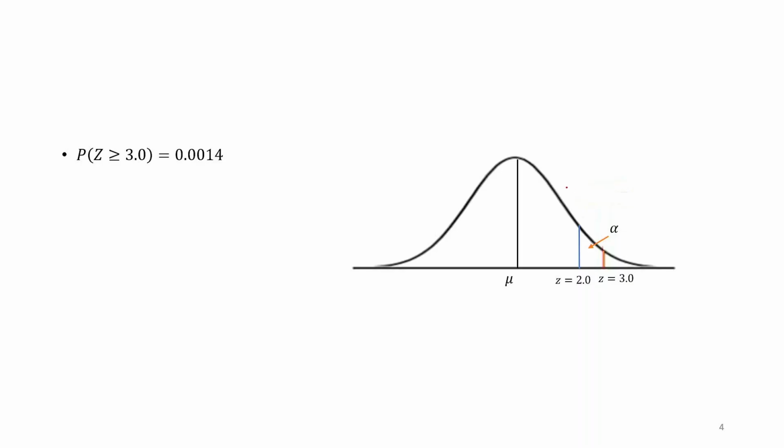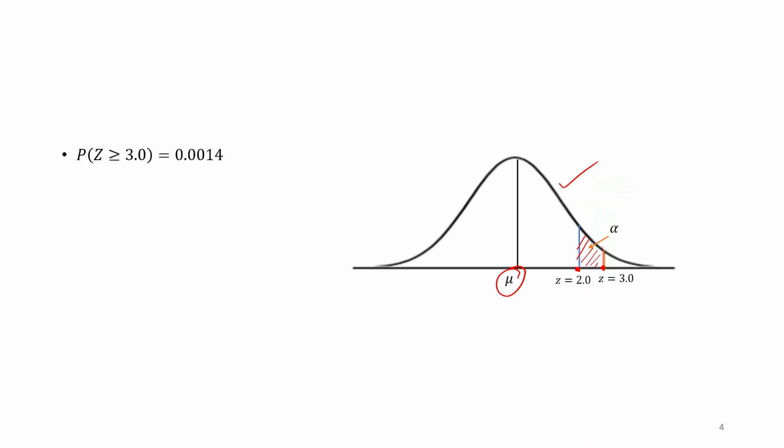Suppose the distribution of that is shown by this normal distribution graph. So the mean is here. And now in the Z scale, Z2 is here and Z3 is here. So any point falling between Z2 and Z3 means basically they are falling in this zone. So how much is this probability that we want to find out?